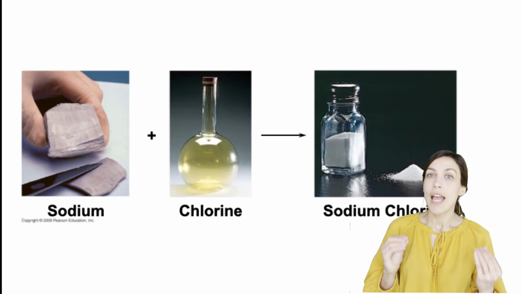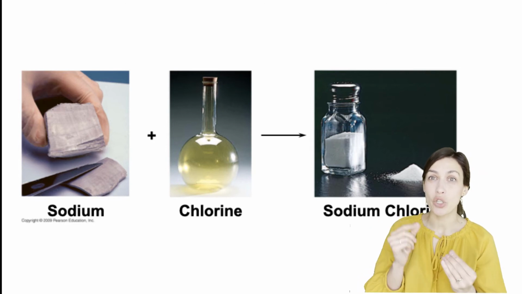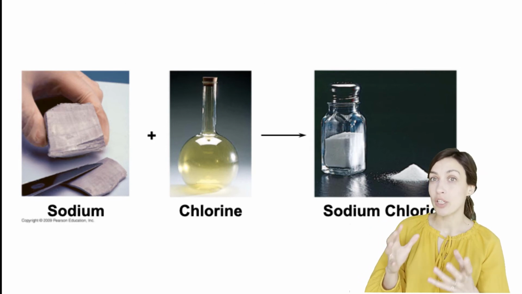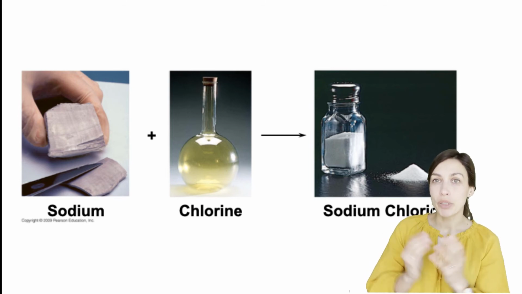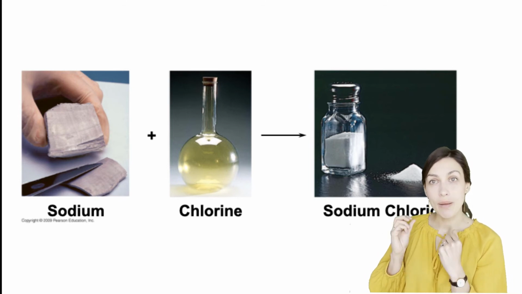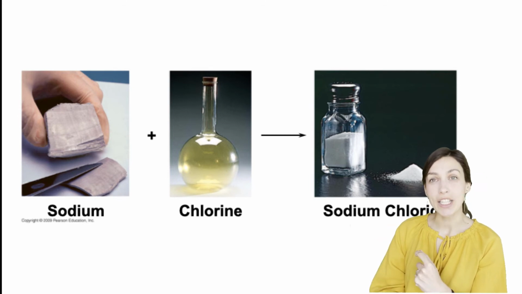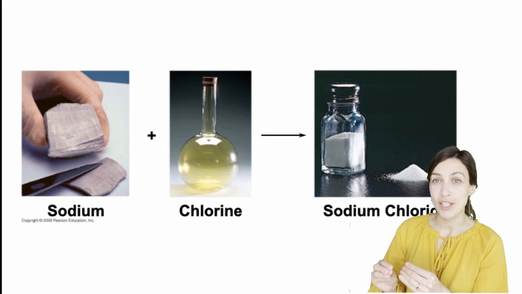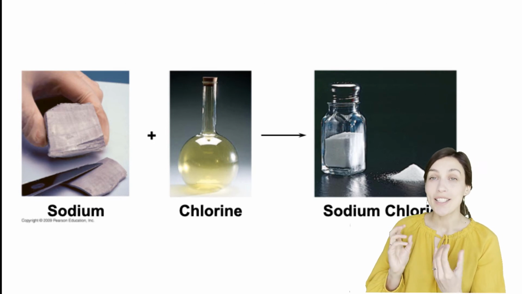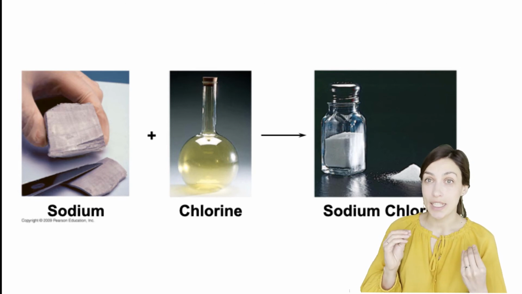Sodium as a pure element, if you just have a bunch of sodium atoms from the periodic table and you put them together, is a soft metal that can be cut pretty easily with a regular knife. And that substance is quite explosive.